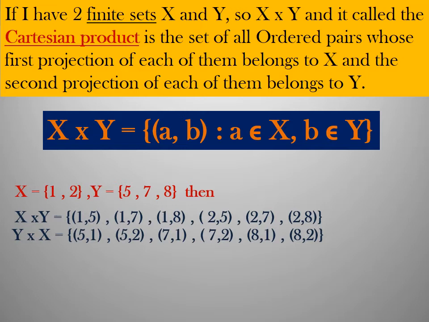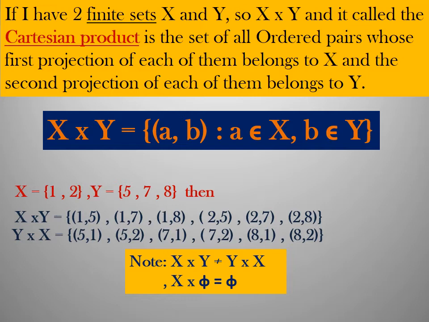So I will begin with 5: (5,1), (5,2). Then I will use 7, so I will have two ordered pairs beginning with 7: (7,1), (7,2). Then I will use 8 to have (8,1), (8,2). So it's crystal clear that x crossing y doesn't equal y crossing x.